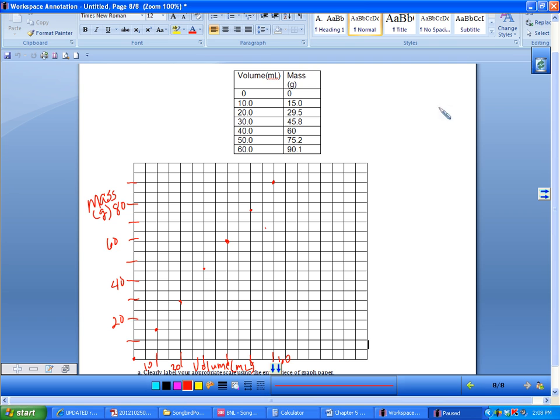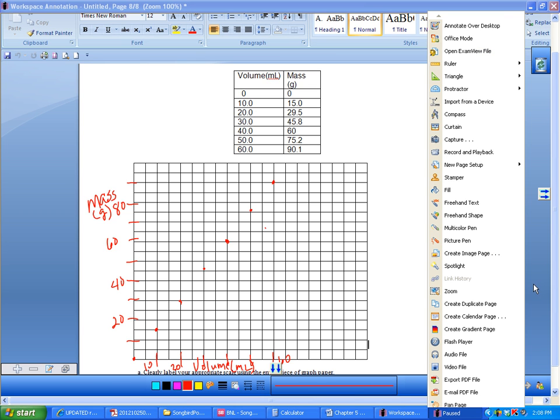All right, so I'm going to try to draw with a ruler. Let's go down here and see if I can find a ruler, and that'll help me. There's a ruler. Not sure that I want that, so I'm going to try a freehand shape.